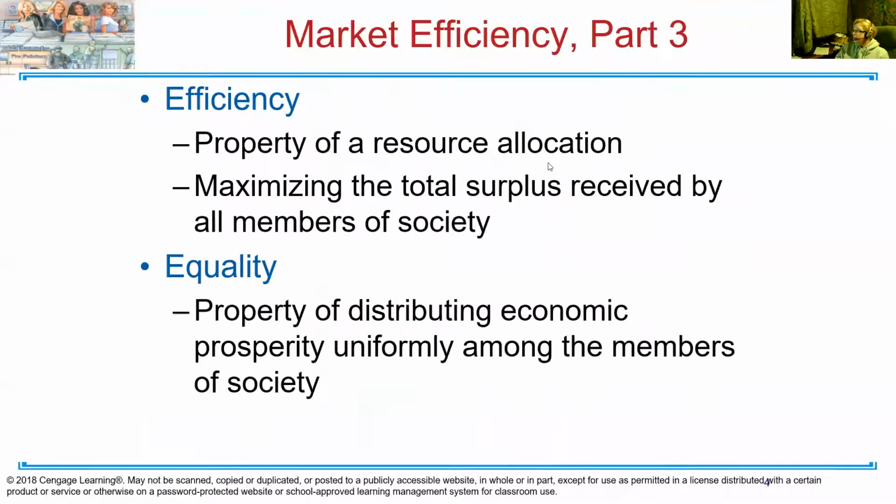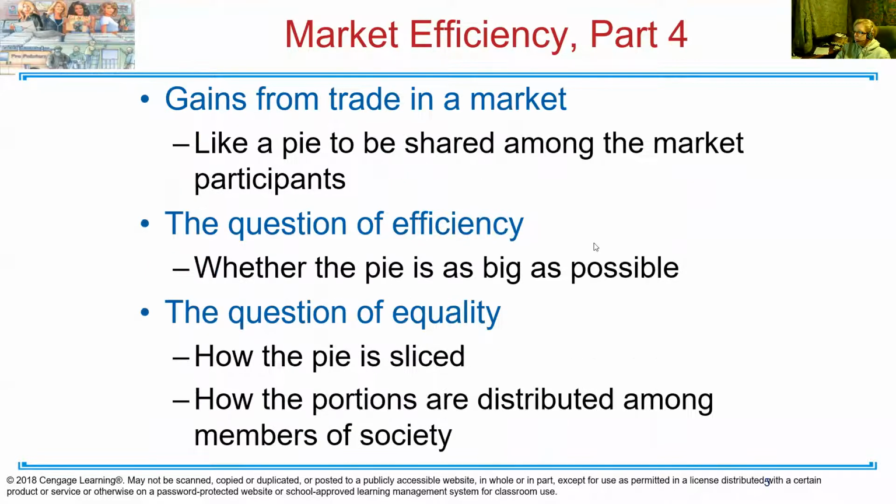All right. So again, efficiency is the idea of the total surplus received by all members of society, and equality means the distribution of these economic resources. So we go back to those ideas that we talked about in chapter 1. On the question of efficiency, are we the most efficient producers?